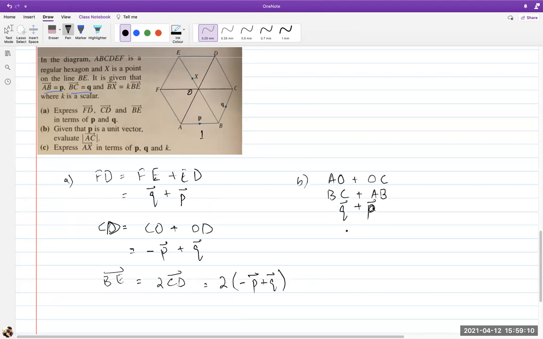That means the length of AC is the same as the length of AO plus the length of OC.